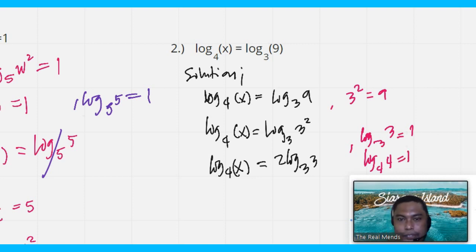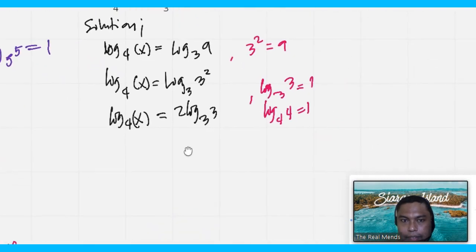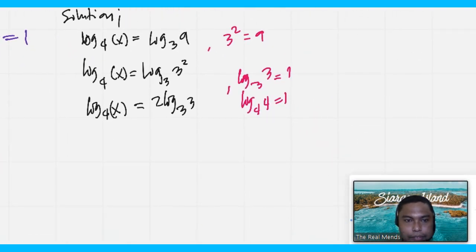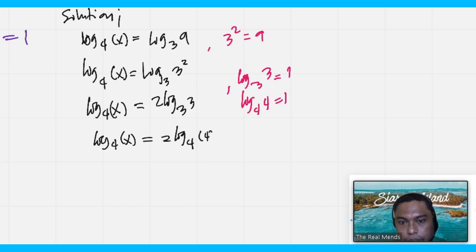So therefore I can write this as log base 4 of x is equal to 2 log base 4 of 4. It is very clear, because log base 3 of 3 is equal to 1, and log base 4 of 4 is equal to 1.